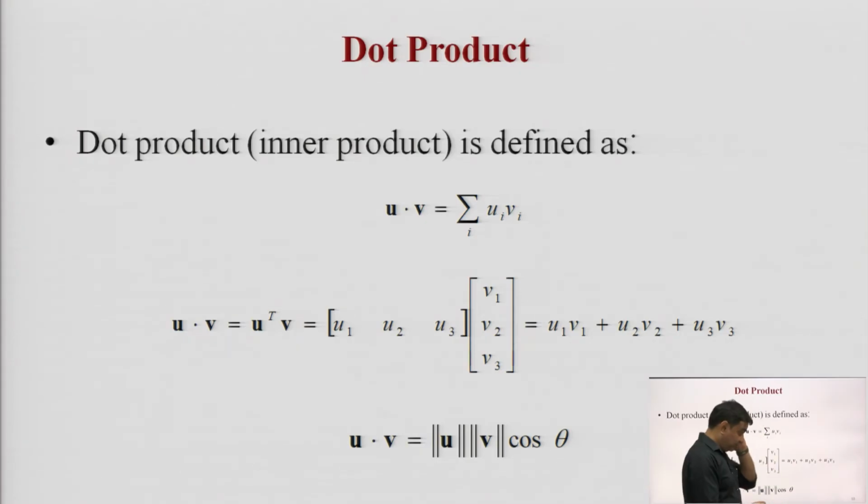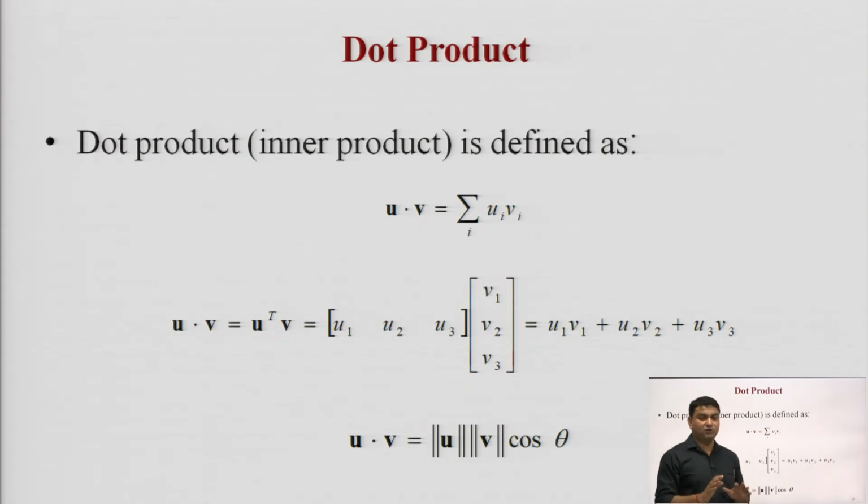Next, we come to the dot product or scalar product of two vectors. In its most generalized form, we can represent it like this.